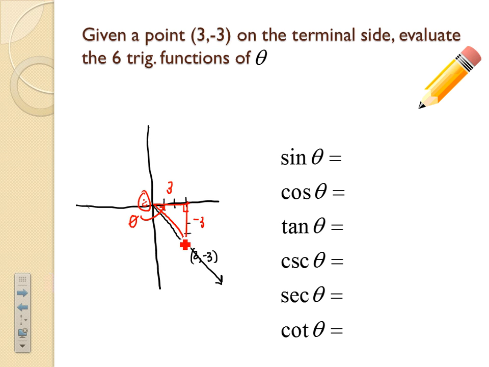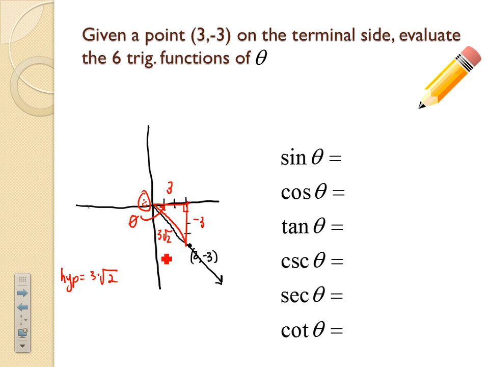And for a 45, 45, 90 triangle, just remember, the hypotenuse is equal to the side times the square root of 2. So this would be 3 times the square root of 2. You could also use the Pythagorean theorem. I like to use my 45, 45, 90 rules and 30, 60, 90 rules when I can. Makes things a lot quicker and faster. So that would be 3 square roots of 2. And remember, the hypotenuse has to be positive.